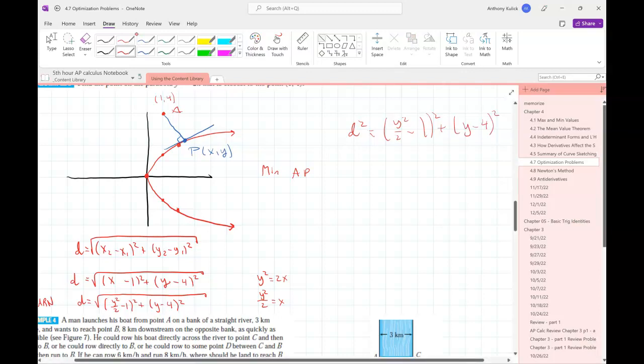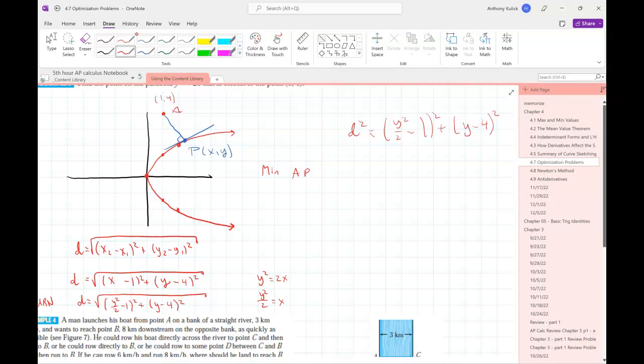The minimum of d is going to occur at the same place as the minimum of d squared. Surely, right? Everybody agree with that? Since the distance is always a positive quantity anyways, it's surely okay to do that. Now, why did Mr. Kulik want to do that? Yeah, great googly moogly, it makes the calculus a lot easier, doesn't it? All right.